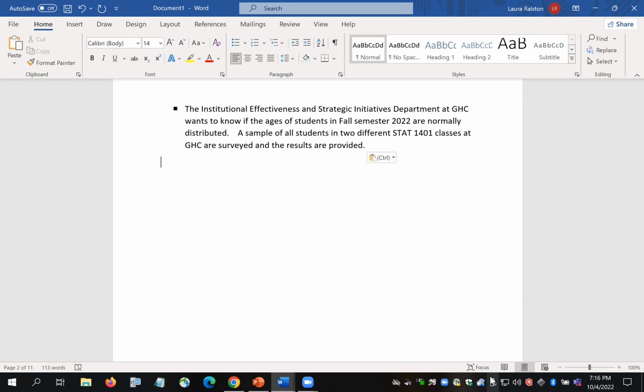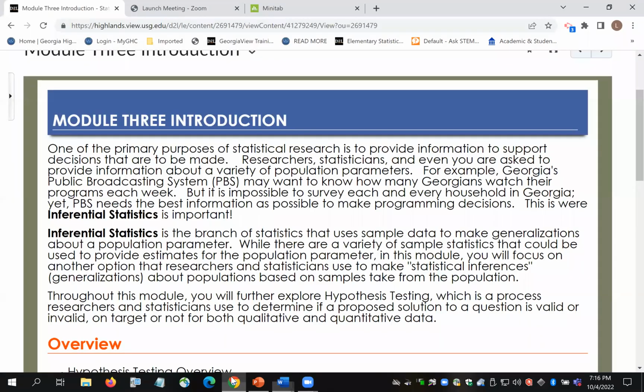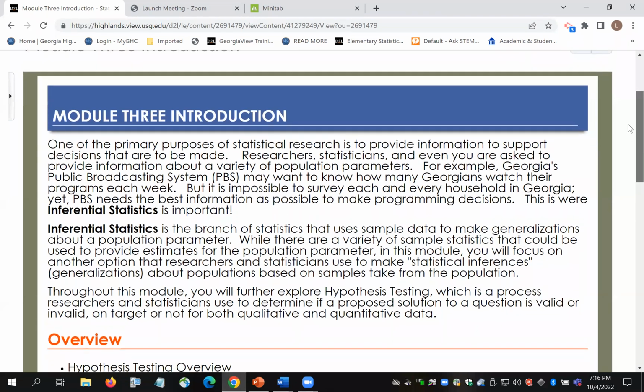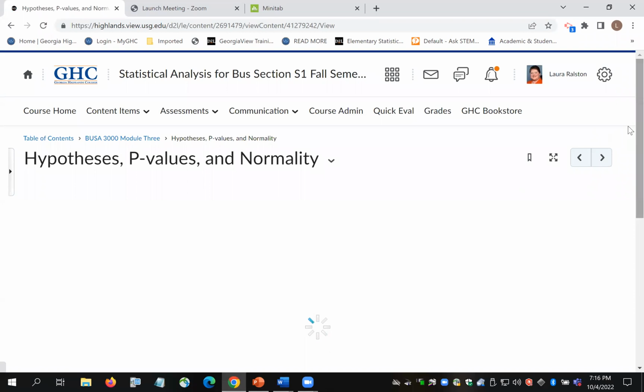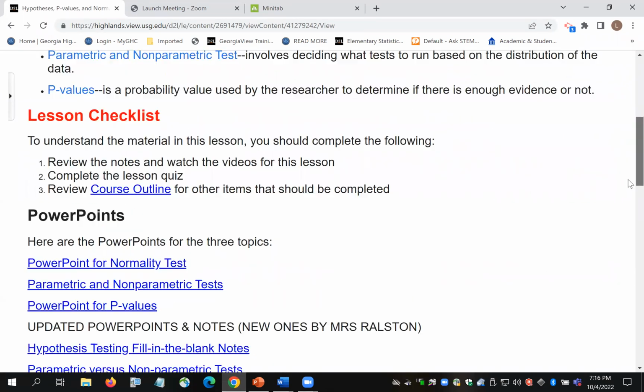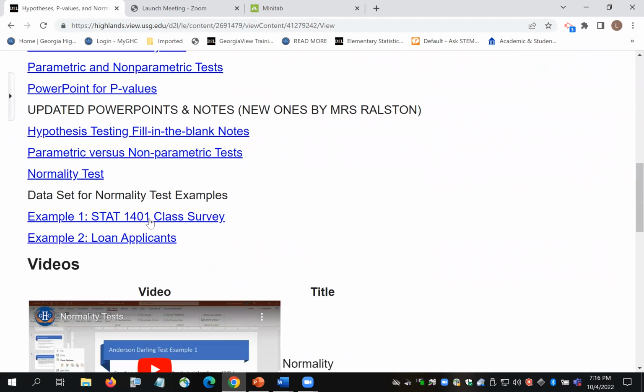Well, the results were not provided on that slide. That's because they're in a spreadsheet. And Miss Ralston posted the spreadsheet in D2L. It says example 1, Stat 1401 class survey.